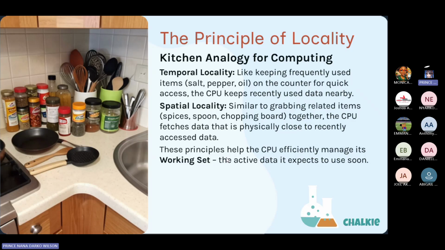The central processing unit keeps recently used data nearby. For example, your central processing unit is looping through programs and using a particular data value, like maybe a sum. It is using that variable over and over again. It is going to store it using temporal locality so that it can easily retrieve it. And that's the same thing happening in this kitchen analogy.